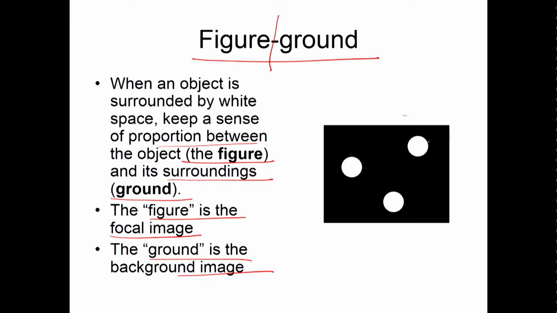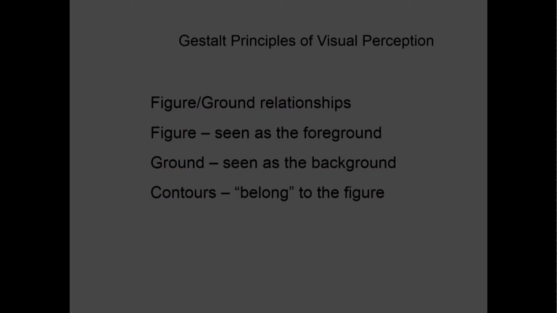In this example, if you look at it, the black is the background, the white circles are the foreground. We focus on the foreground, right. So, the figure-ground relation, and sometimes there will be some contours.